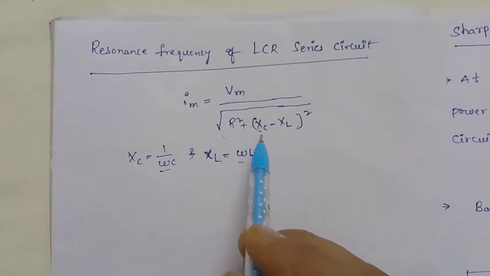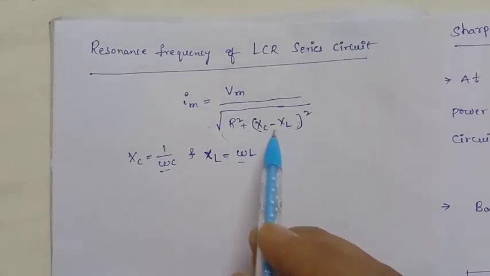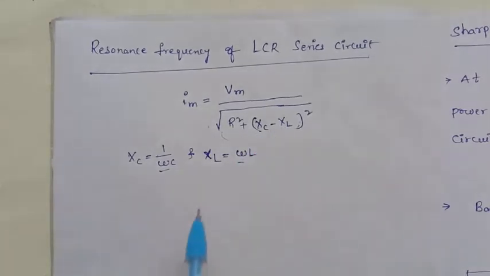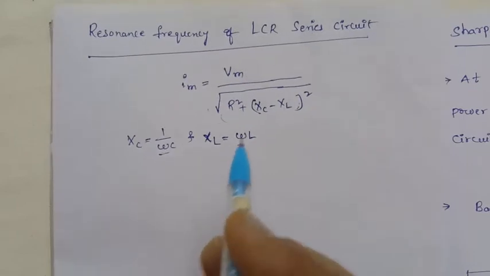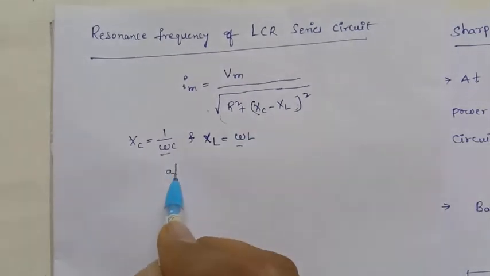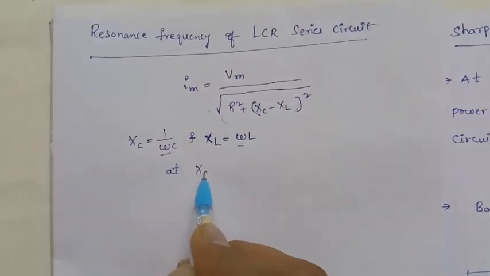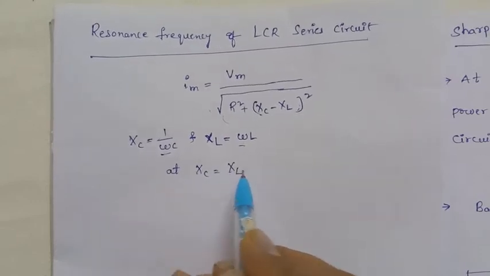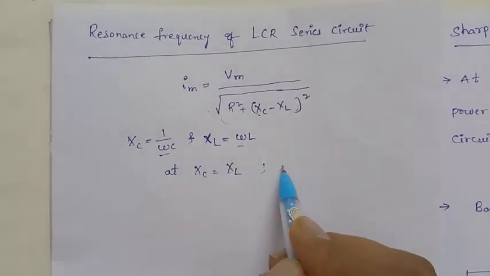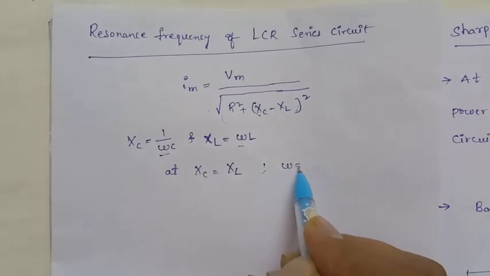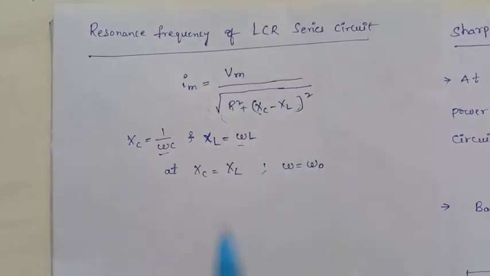Suppose Xc is equal to XL. At that particular frequency, omega is taken as omega naught.